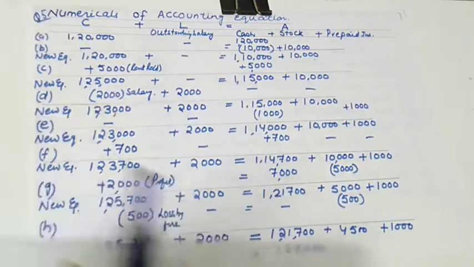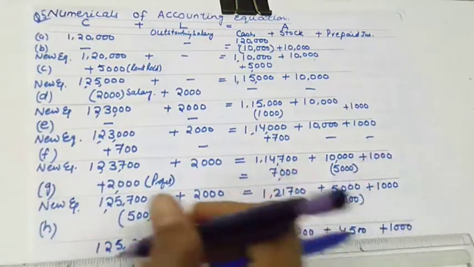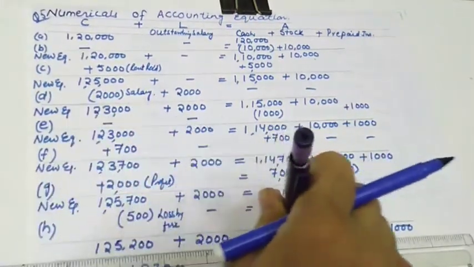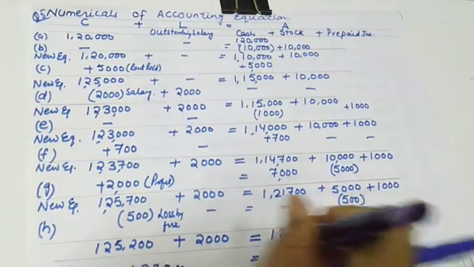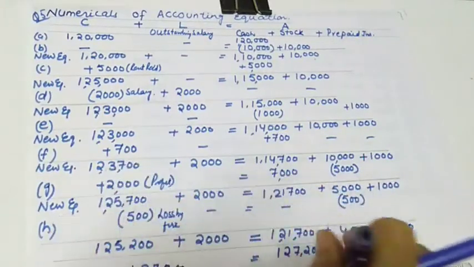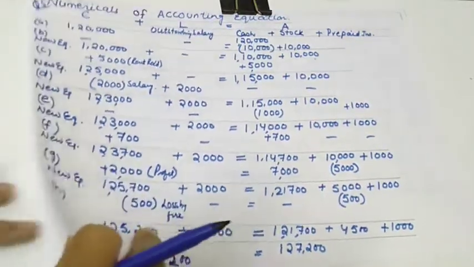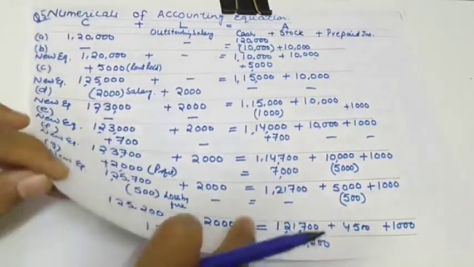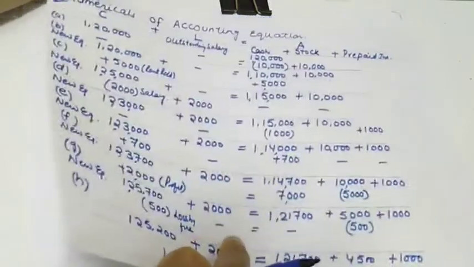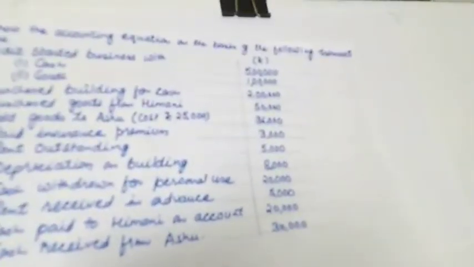So it means your left hand side is equal to the right hand side. So I hope now you will be able to handle the numerical of accounting equation with the help of this particular numerical. So now let us do one more numerical, which is question number 6 of NCERT.